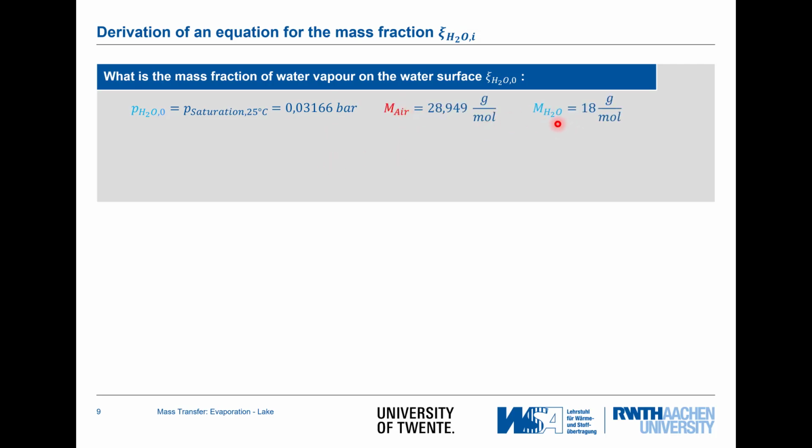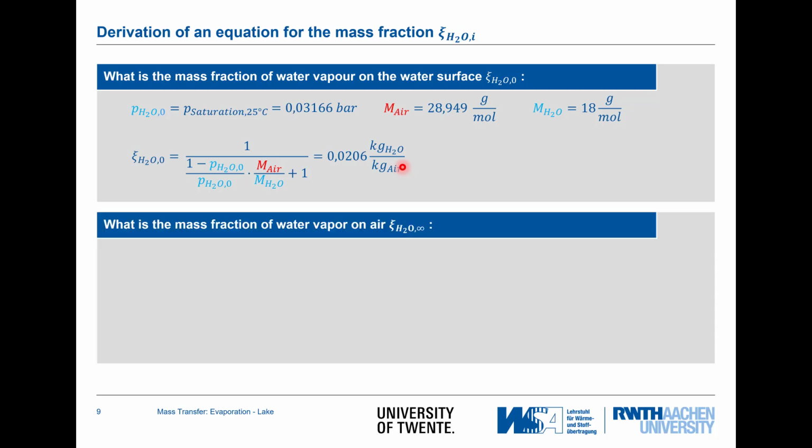With the corresponding molecular weights of air and water vapor, we get to the value for Xi H2O at the surface. That's 0.0206 kilogram water per kilogram air. And we can do the same for the water vapor fraction in the air. We assumed we have 50% relative humidity.